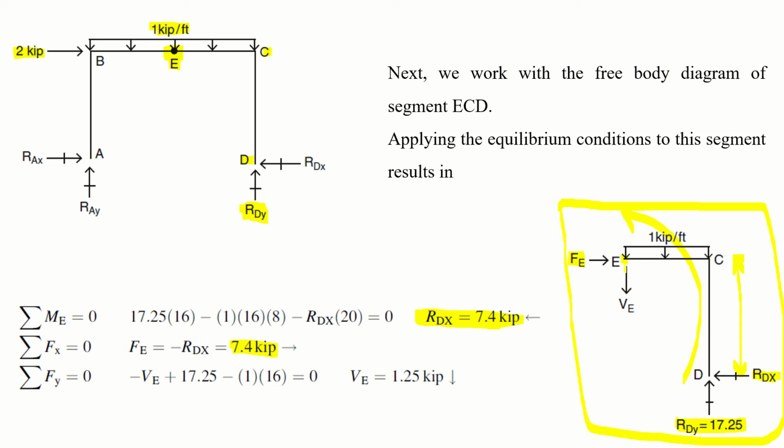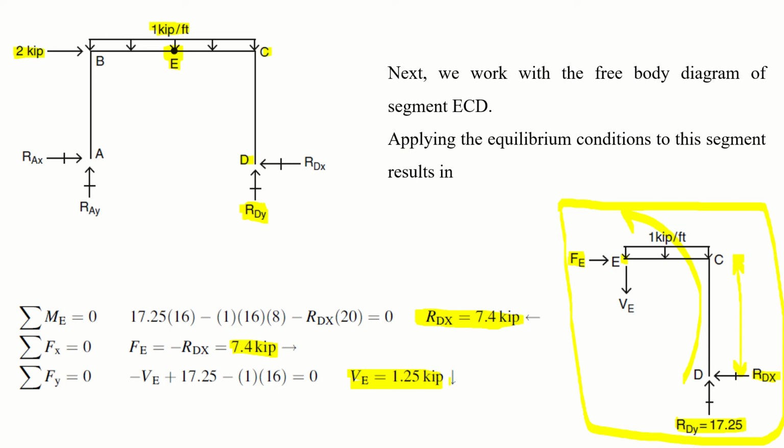Similarly, minus VE because we are taking it downward, plus 17.25 which is the reaction, and this vertical force which is acting downward we also took as negative. So VE turns out to be 1.25 kips and it is in the downward direction.